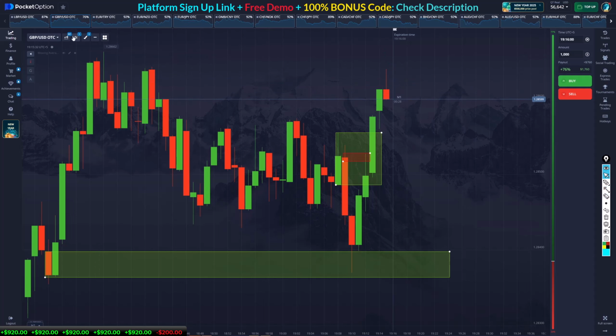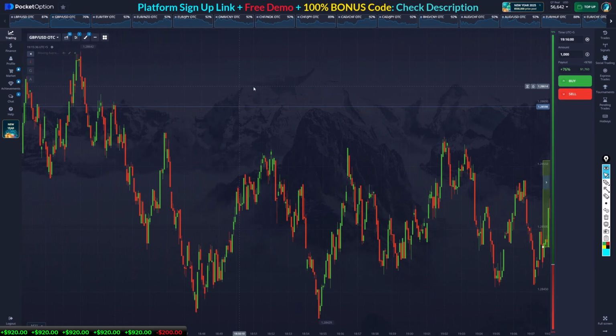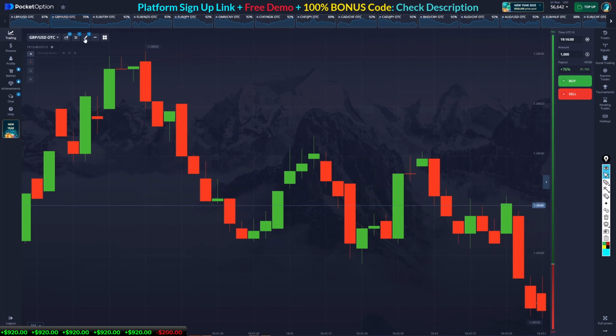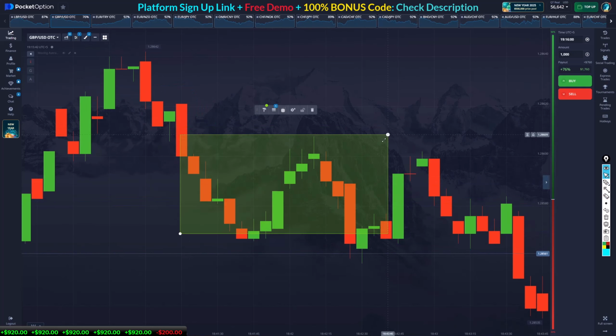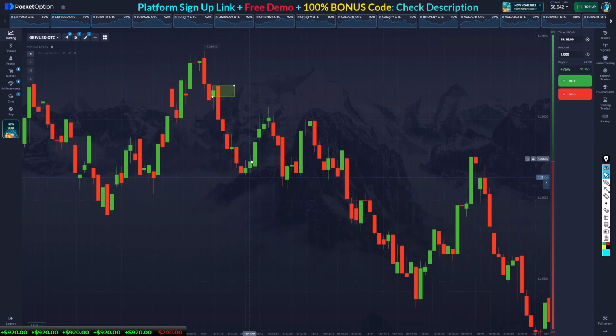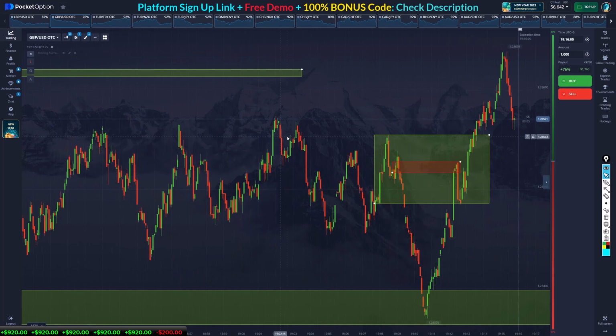Let me just mark it for you. You see this? It's a supply area, but since we don't take every single one of them, we want reasons to take it. And in this case, I didn't see a reason.